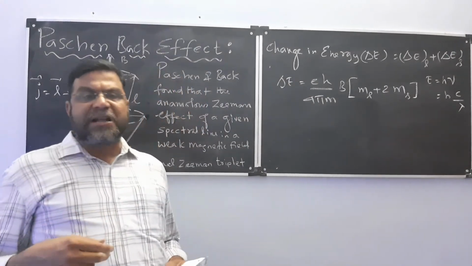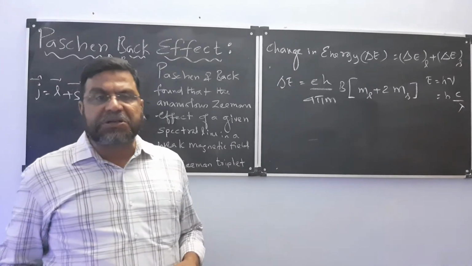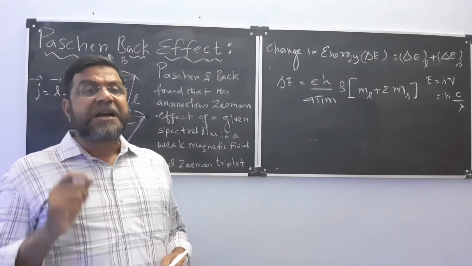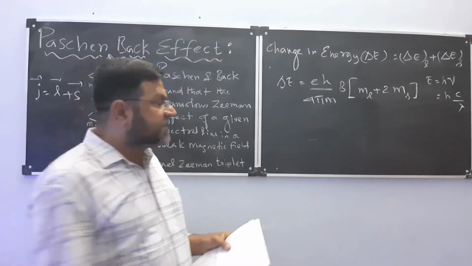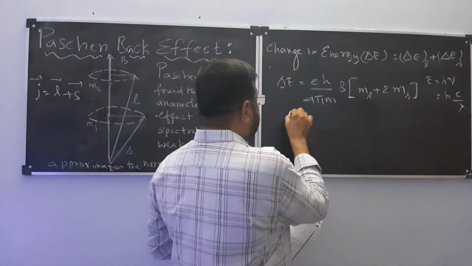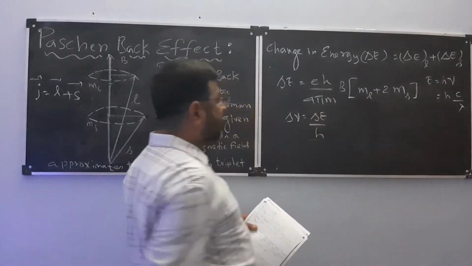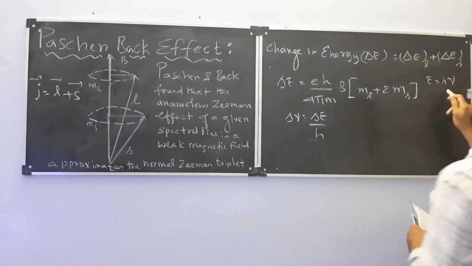Therefore, when an electron is moving from ground state to excited state or from excited state to ground state, definitely due to transition there will be change in frequency. That change in frequency is delta nu equal to delta E by h. I have told you E is equal to h nu.